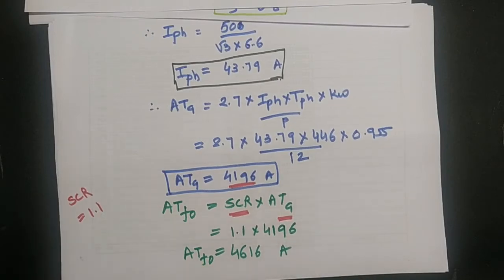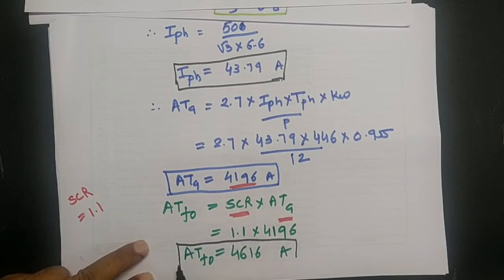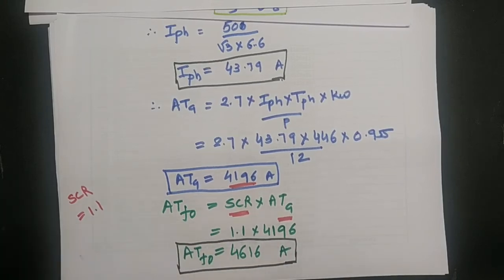So we have now calculated ampere turns for the field. Now based on this value, we have a relationship to find the ampere turns for the gap. So again we have to assume one relationship to calculate ampere turns for the gap.